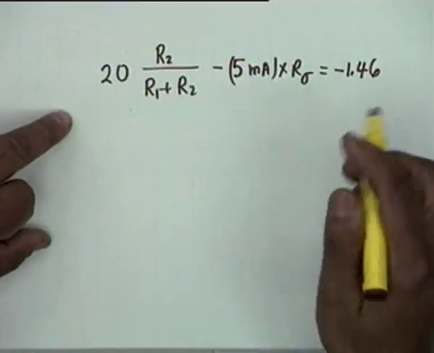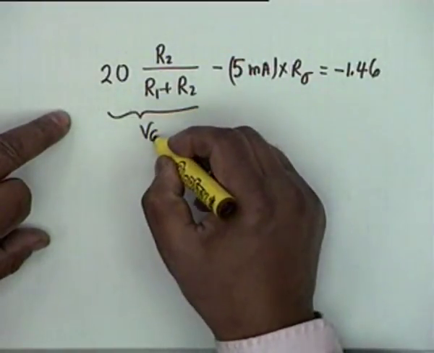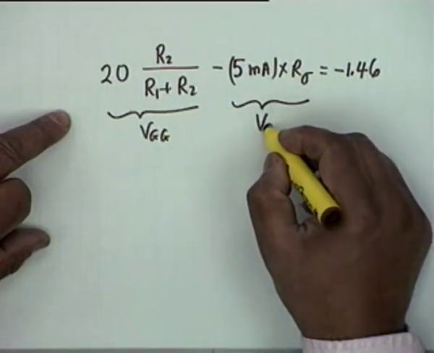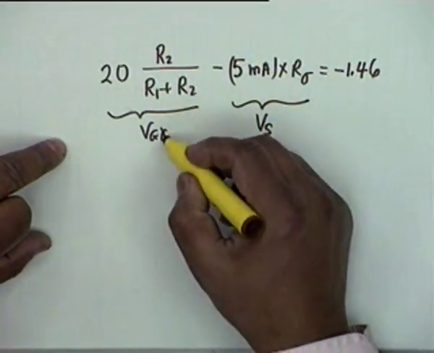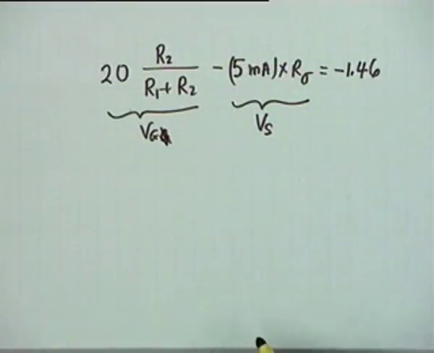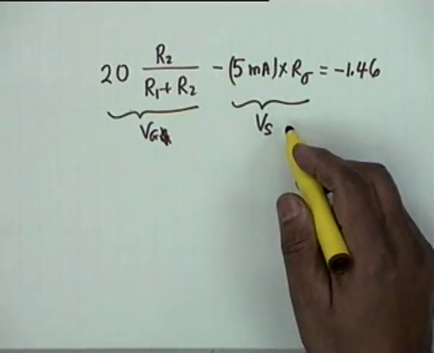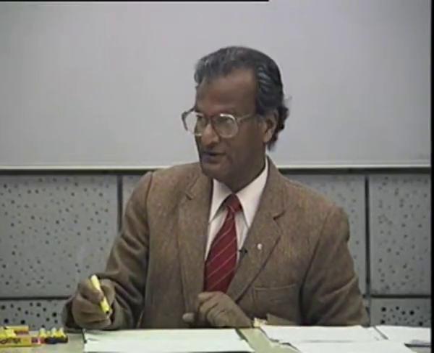Alright, this is VGS, this is VGG, and this is VS. This is VG, I'm sorry, this is VG and this is VS. Alright, because the gate does not take any current. Is this equation clear? Yes, sir.